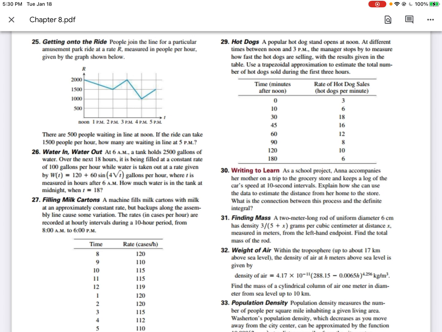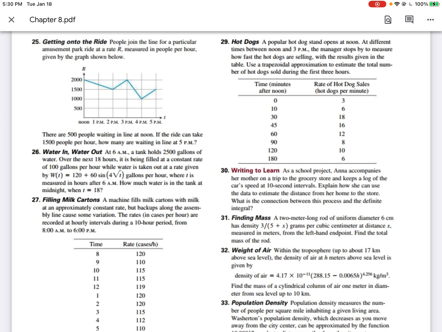So for this one right here, it's very similar to what we just did. You have to keep in mind that there's already water in the tank. Water is entering the tank, so how much entered the tank over 18 hours, given that it was being filled at a constant rate of 100 gallons per hour.